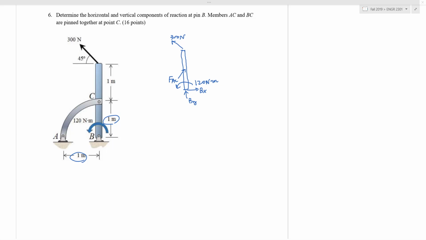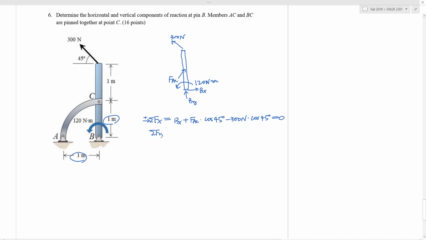And let's do that. Resultant force along the x direction. We will have our BX plus our FAC has a horizontal component, cosine 45 degree, minus our 300 Newton force, also has a horizontal component of cosine 45 degree, and that equals 0.